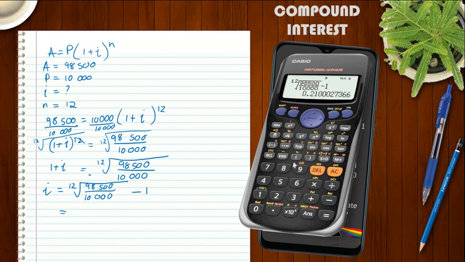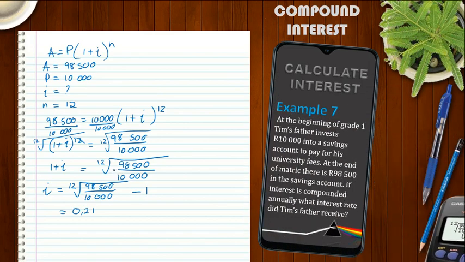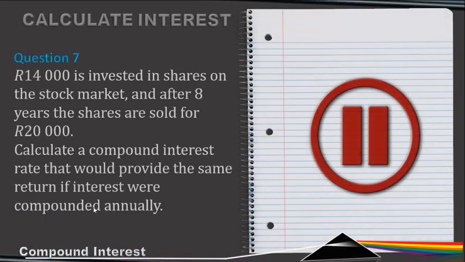Okay, so this gives us 0,21, and this is now in decimal places. And then to take it to percentage, all we do is simply multiply it by 100.